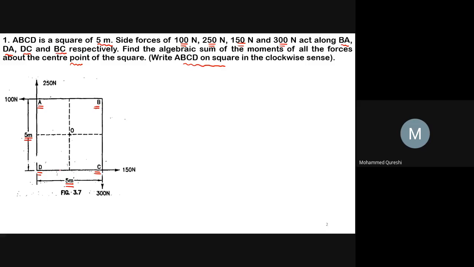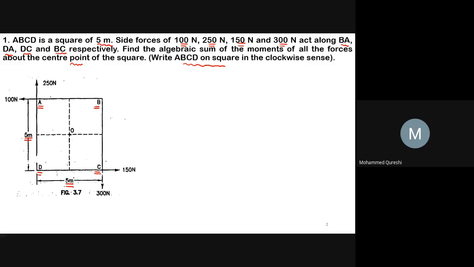And side forces of 100 Newton act along BA, so the direction is towards outward, and 250 Newton along DA and 150 Newton along DC and 300 Newton along BC.